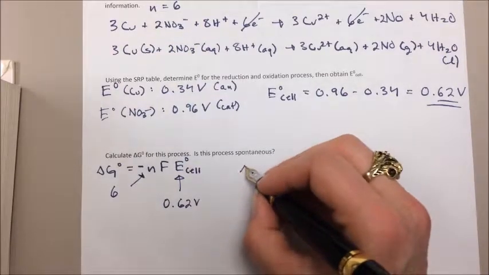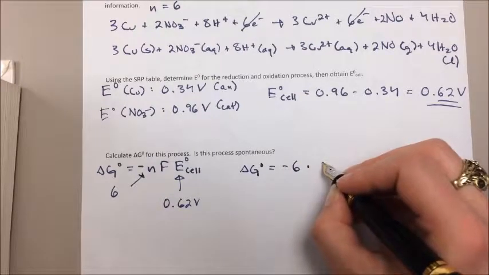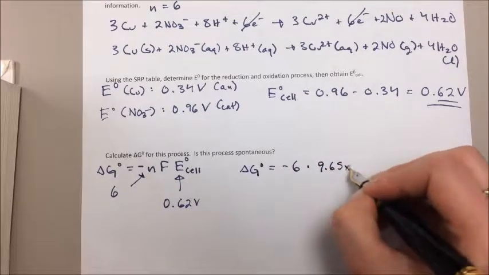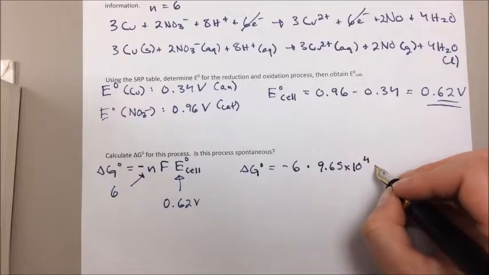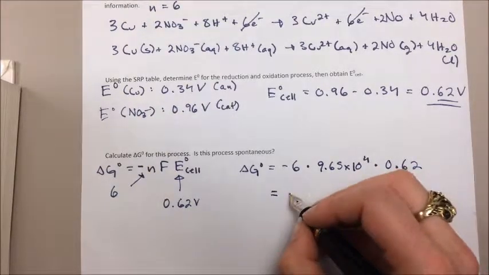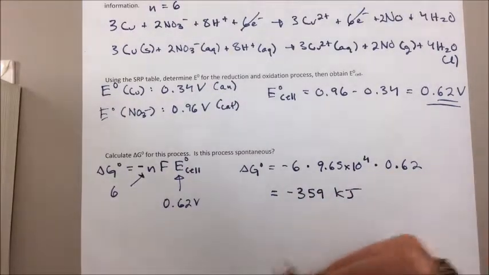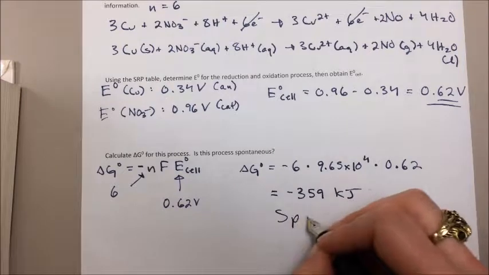It's always the same value. Delta G0 equals negative 6 times 9.65 times 10 to the 4th times 0.62. Crunch those numbers down, you'll eventually get negative 359 kilojoules. This is a spontaneous reaction.